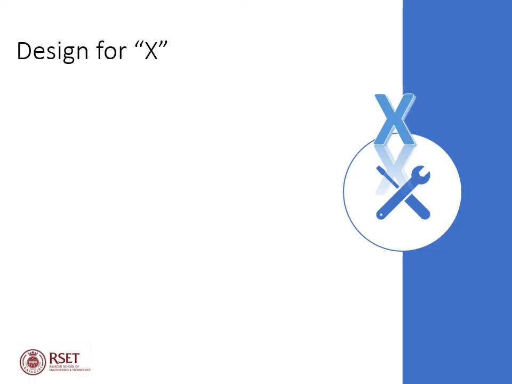Life cycle design approach is generally called design for X, where X stands for different properties of the product or phase of its life such as manufacturing, assembly, environment, safety, quality, maintenance, etc. Let us see which are the different design for X, or what this X stands for.